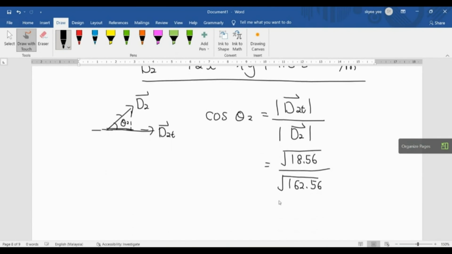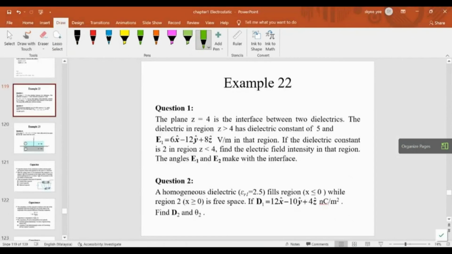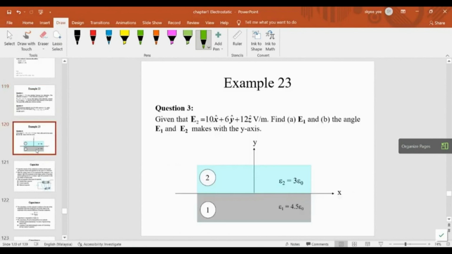Or if you want to straight away apply the square root, it's also fine. It's up to you. Are you getting this answer? Okay, so we complete this one.